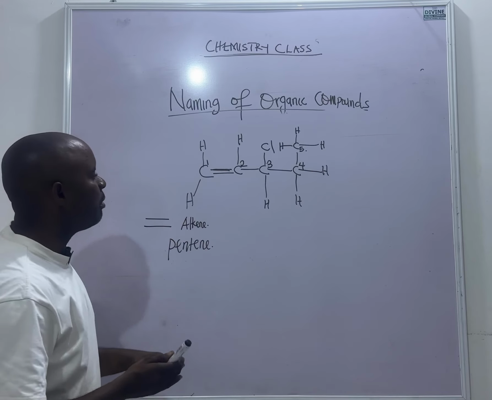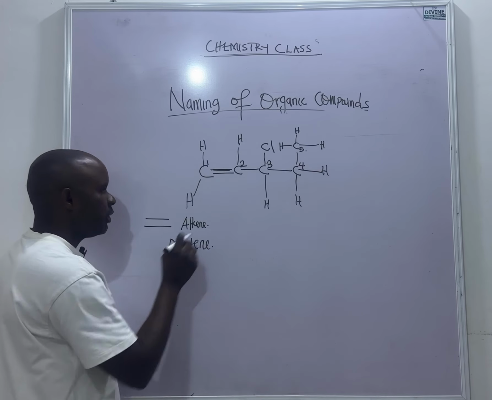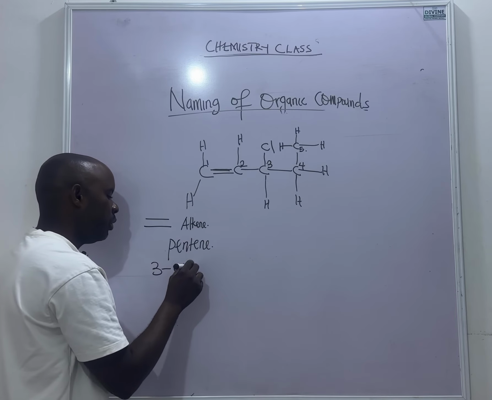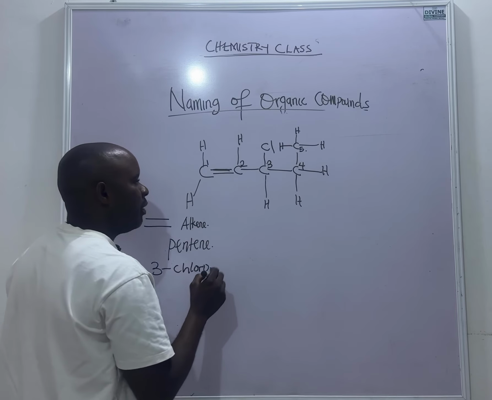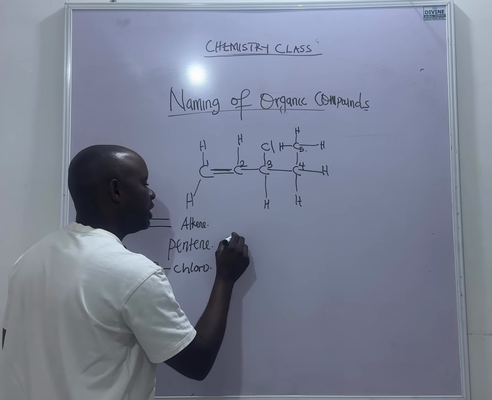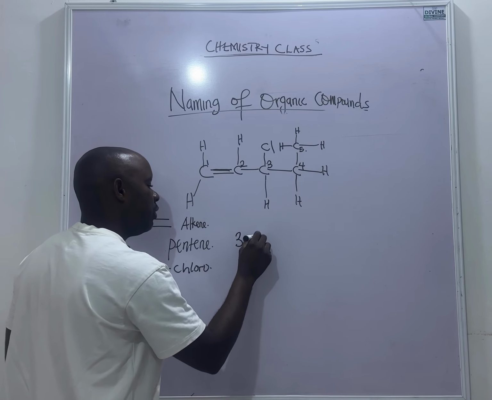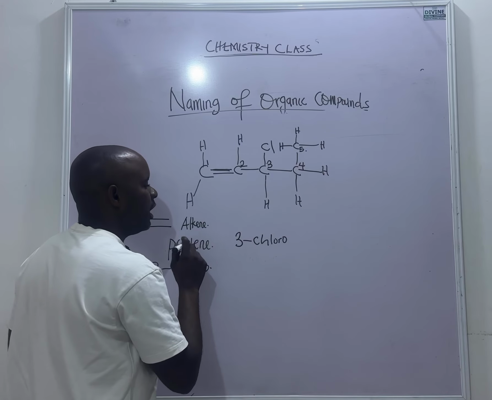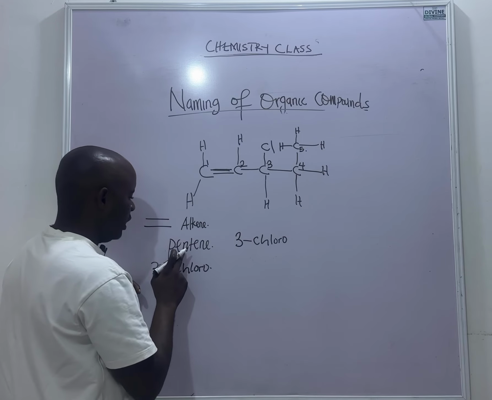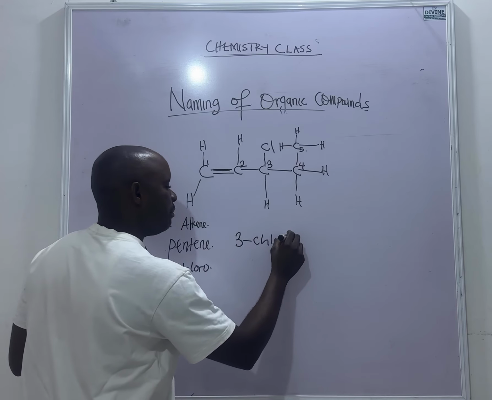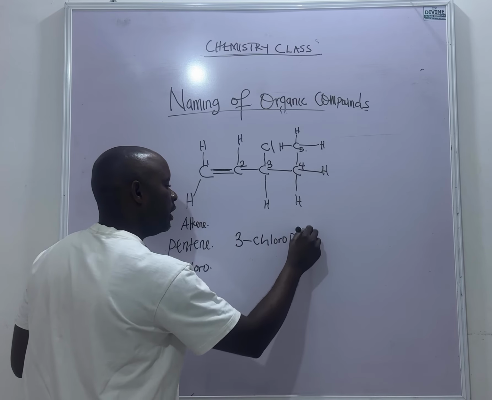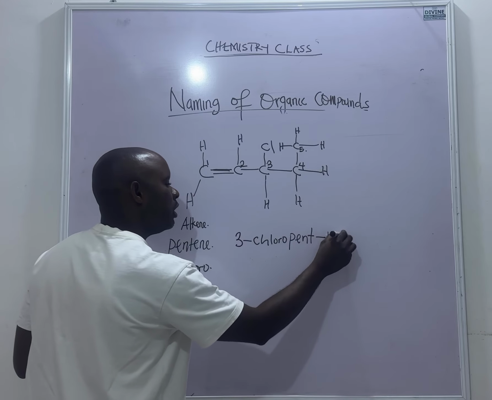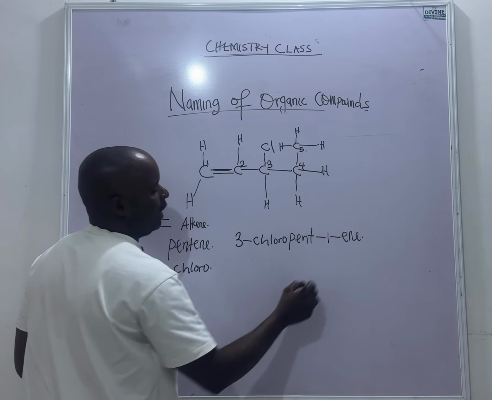Now we're going to talk about carbon 3. We said at carbon 3 we have a chloro. So we can start with that: chloro. You must make sure your parent name is there. So what is the pentene? You can say pent. At carbon 1 we have the double bond, pent-1-ene.